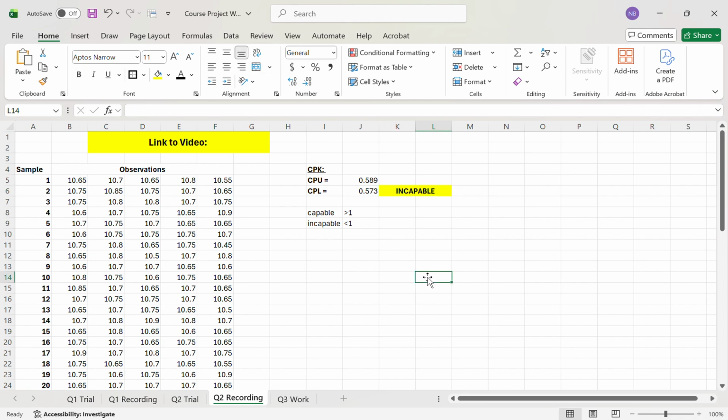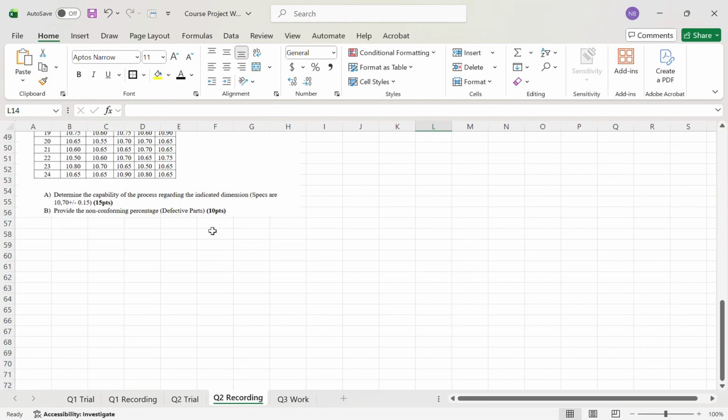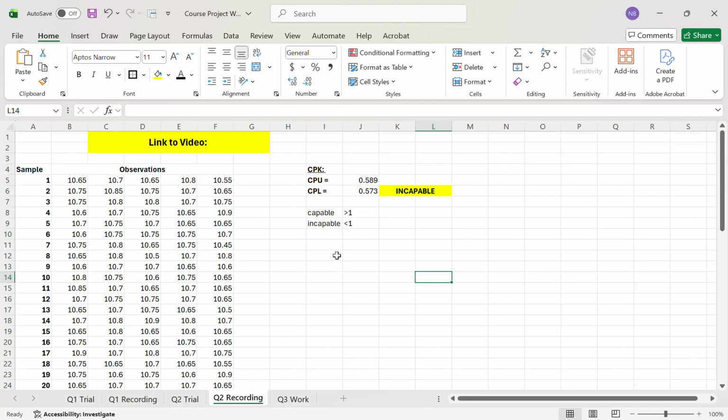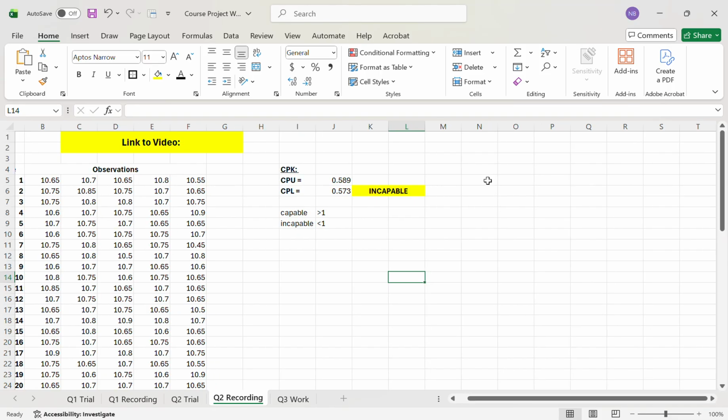Okay, so now that we have determined the capability of the process, let's provide the non-conforming percentage. Now, to do this, we're going to use z-tables to find the non-conforming percentage.